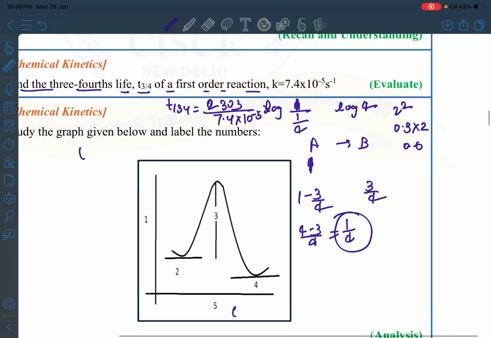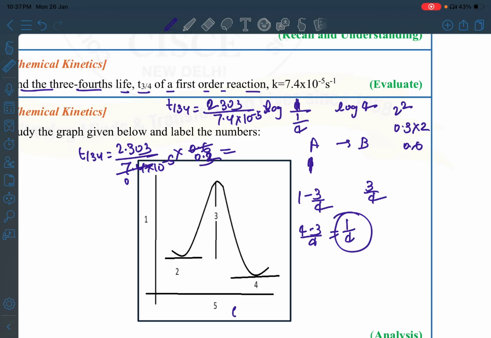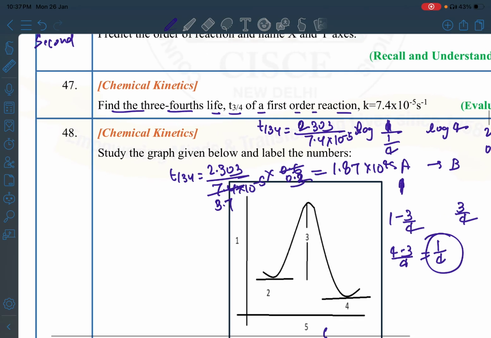So T 3 by 4 is equal to 2.303 divided by 7.4 into 10 to the power minus 5, into 0.6, and whenever we solve this we get approximately 1.787 into 10 to the power 4 seconds. So the time is about 1.787 into 10 to the power 4 seconds.